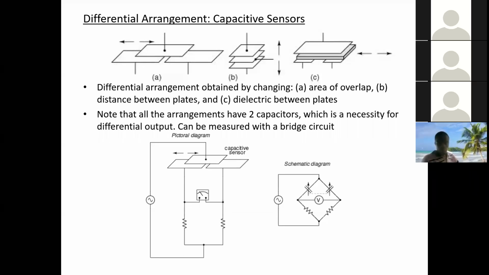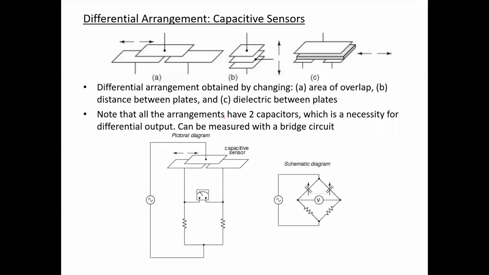So if we can form a differential arrangement where we have two varying capacitors, then with respect to the variation in the values of the two capacitors, finally the output can be taken as the voltage difference between the two capacitors.